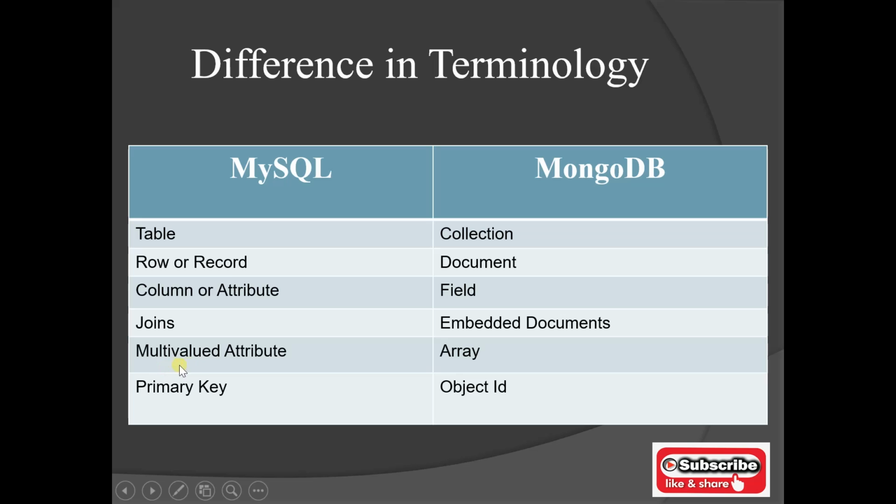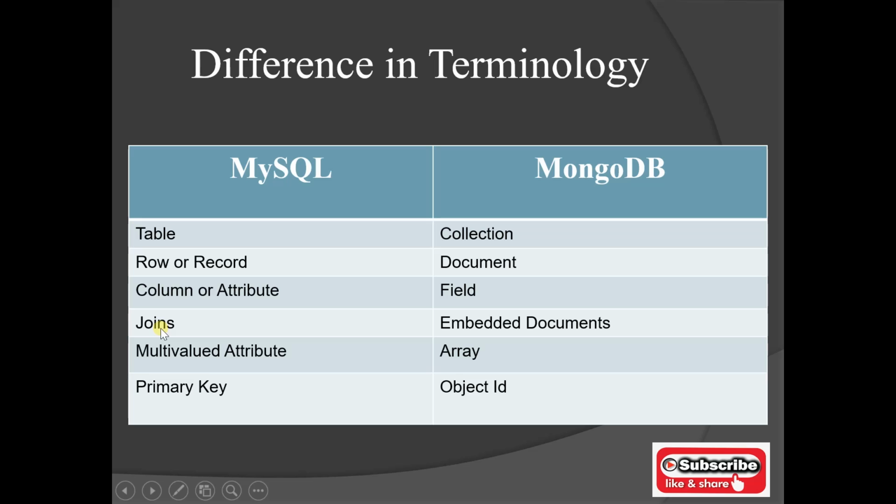In MySQL, we have a multi-valued attribute which has multiple values, whereas multiple values can be inserted using an array in a MongoDB database. In MySQL, we have a primary key constraint, whereas here we have an object ID which is system generated. So if we talk about an example, in MySQL we can say that student is the table, whereas student is the collection in MongoDB.